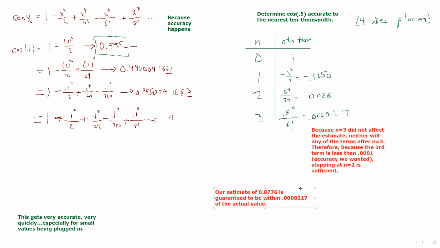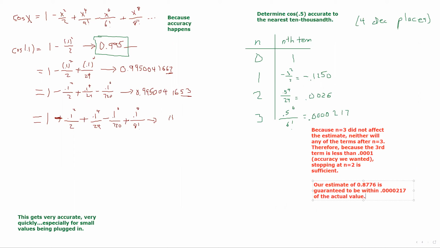This is how estimate and error margin works. In general, an error margin is always less than the value of the next term, at least when it comes to alternating term sequences like we have here.